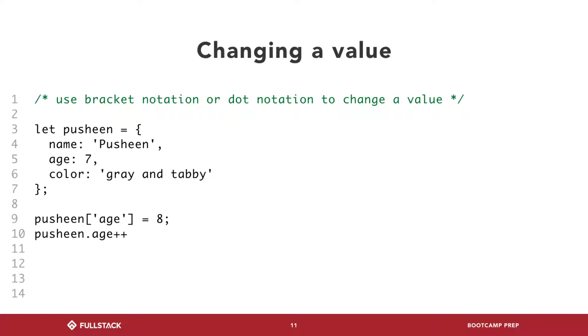Yes, Jillian? Say there was another age key below color, and you called age, would it call 8, or would it give an error, because there are 2 already? Great question. I think Jillian's question is, if we have another line after line 6 called age equals 8, down here.